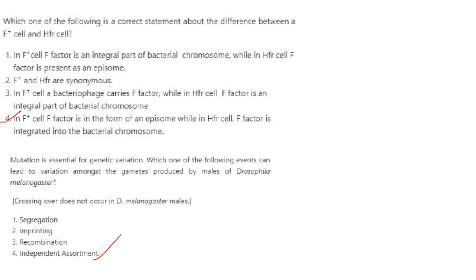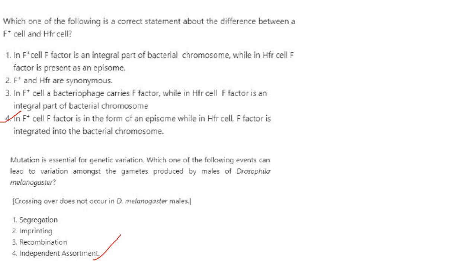Mutation is essential for genetic variation. Which one of the following events can lead to variation amongst the gametes produced by males of Drosophila melanogaster? Crossing over does not occur in Drosophila males. Segregation, imprinting.